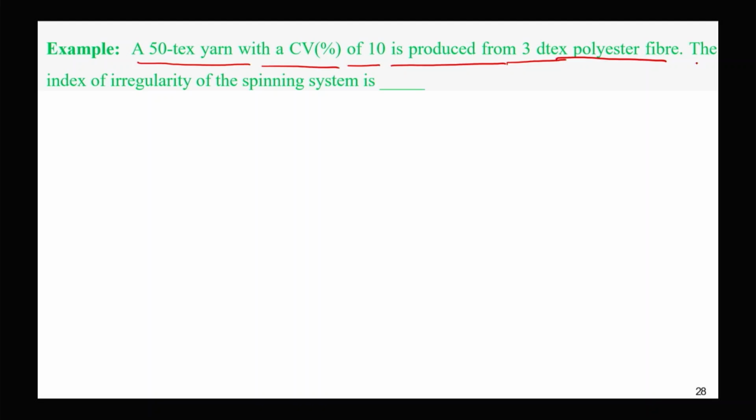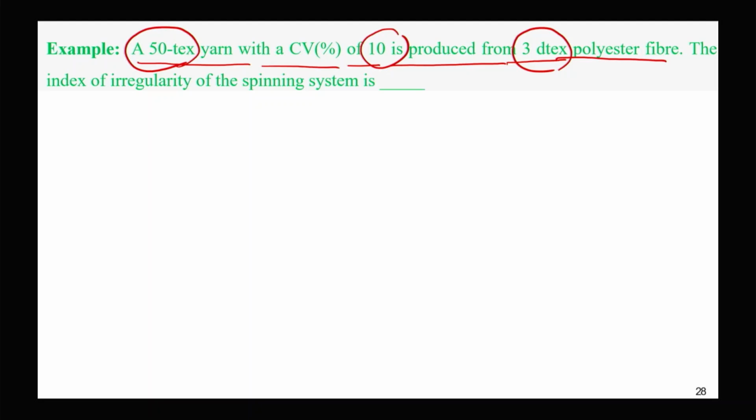The difference here is that earlier it was 40 tex, and now we are producing a coarser yarn from the same fiber and achieving the same CV%.